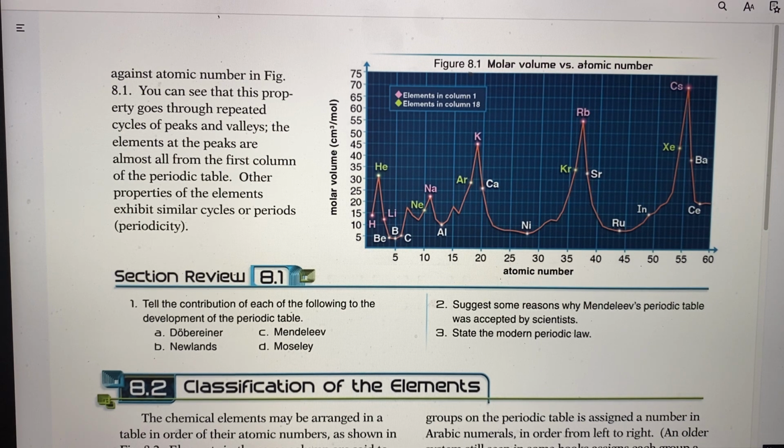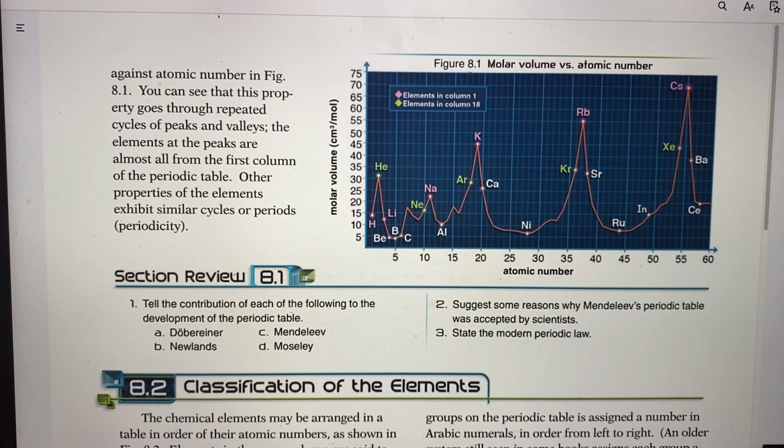He has something going here, this Russian. So on to state the modern periodic law. The modern periodic law, the law that we have today: what is the periodic table? It shows the physical and chemical properties of elements are periodic functions of their atomic numbers, not atomic masses.